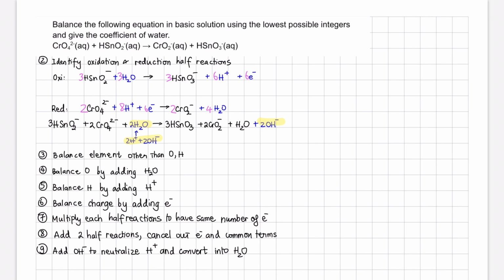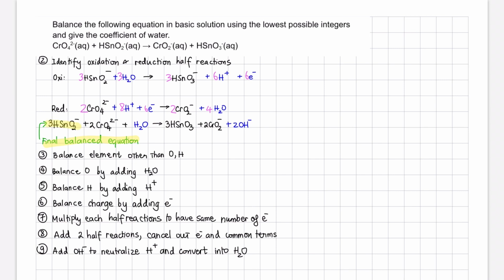And we have 2 OH minus on the right. So now we see that again, the common term in the 2 halves is H2O. We've got 2 H2O on the left and 1 H2O on the right. So we can cancel out the 1 H2O on both sides to end up with just 1 H2O on the left. So this is our final balanced equation.